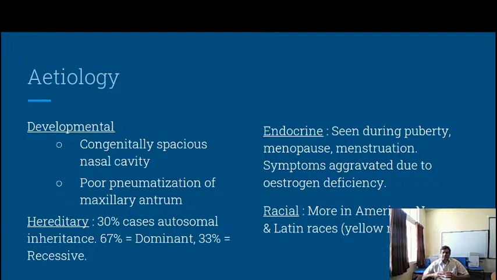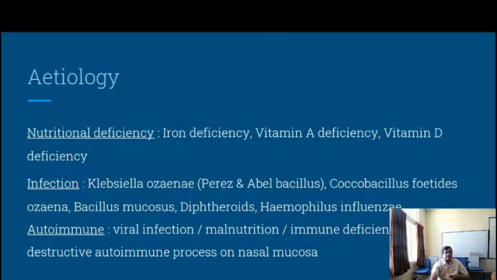Then, as I told you, the endocrine, the hormones, particularly the estrogen, how during puberty, menopause and menstruation they have their role in producing atrophic rhinitis. Then of course the racial, more in American Negroes and Latin races, and nutritional deficiency, iron, vitamin D, vitamin A deficiencies.